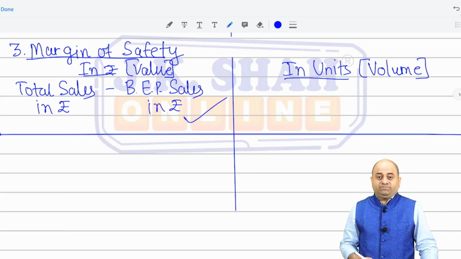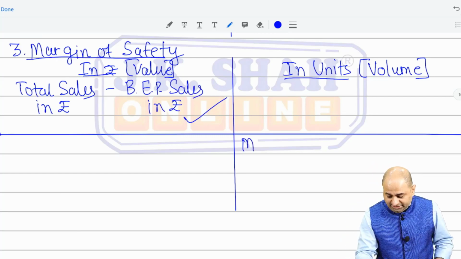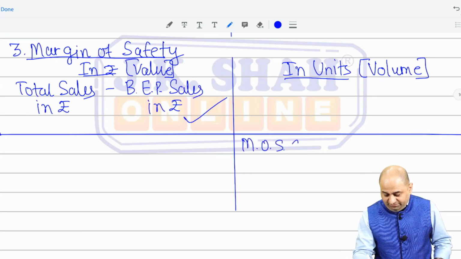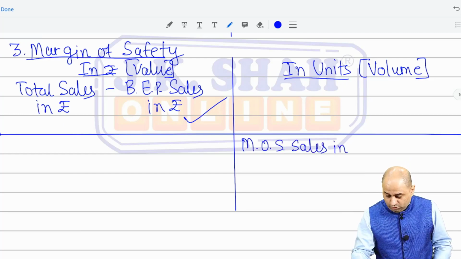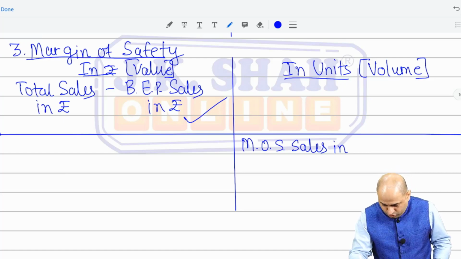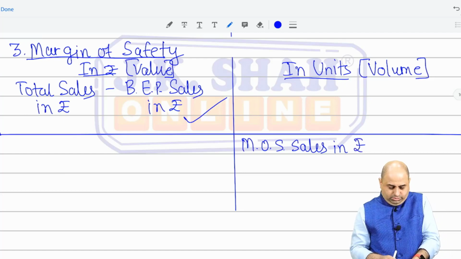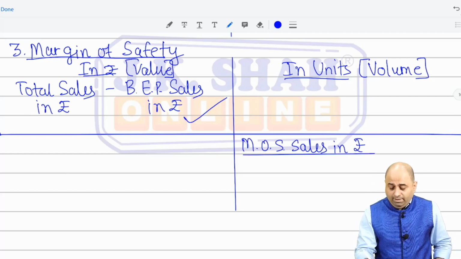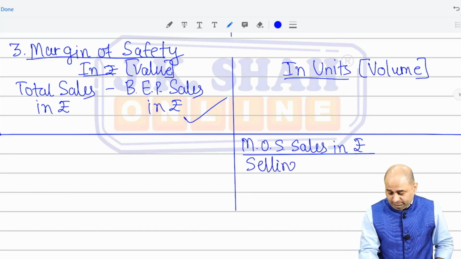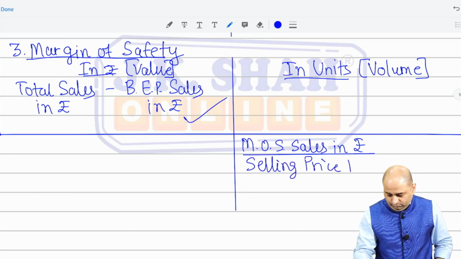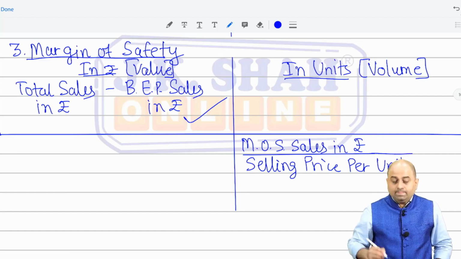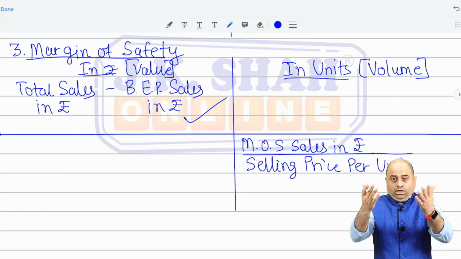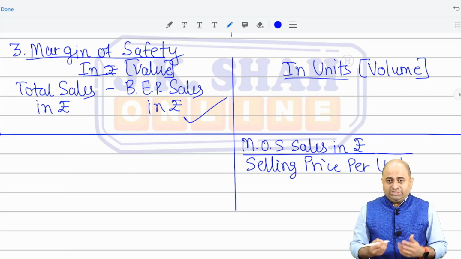Once this gives you margin of safety sales in rupees, you can simply calculate units. So margin of safety sales in rupees divided by selling price per unit. The other way around, how to calculate it in units directly?